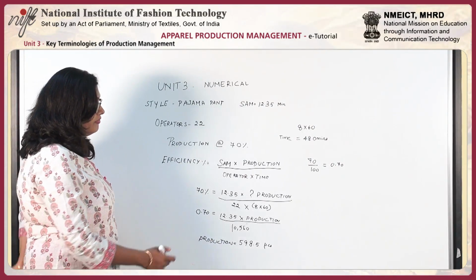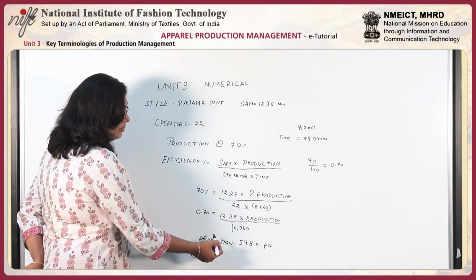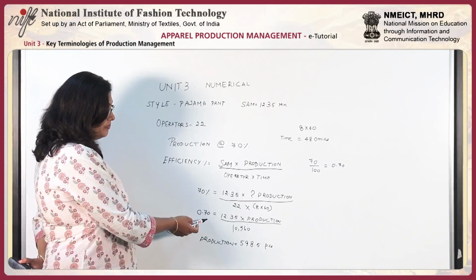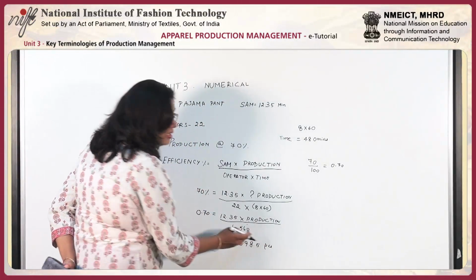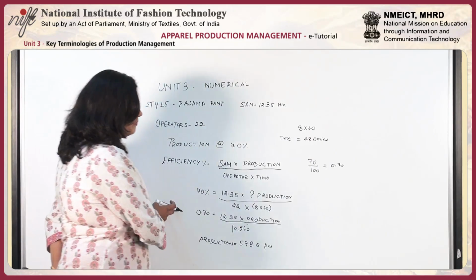So, when we do the calculation of production, the next step here would be, now that we have this formula set, let us try to calculate production. So, from here we need to invert everything to the left hand side.